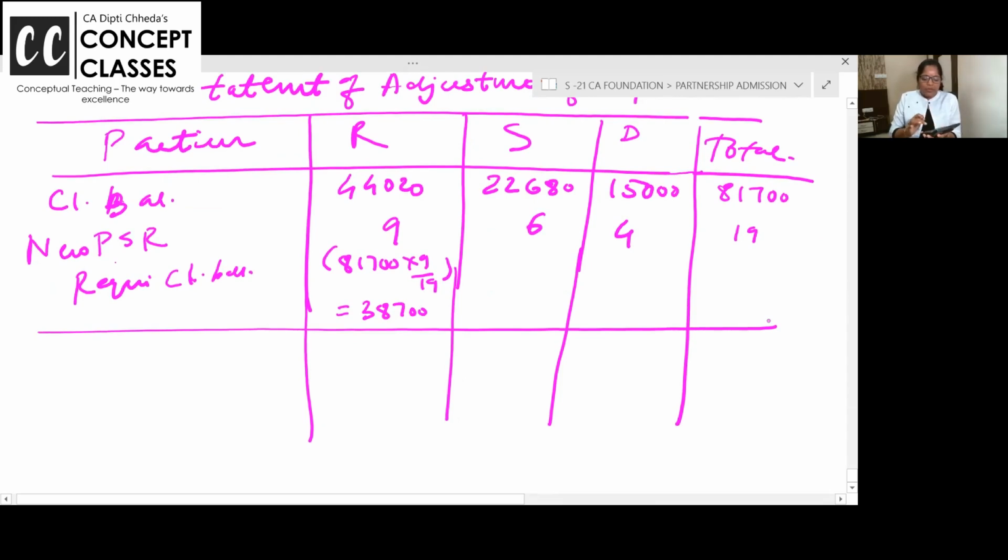Minus 44,020. Extra 5,320. Where will you put it? Current account. Unless they say deficit, yes, it has been told to you. Read the fifth bit. Excess or deficit to be transferred to current account.